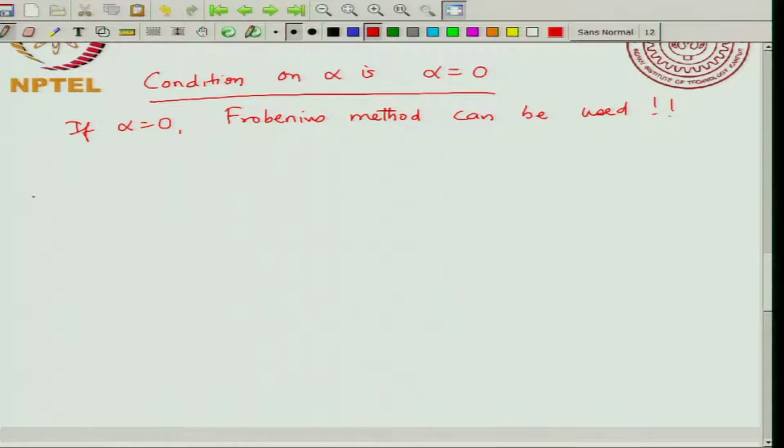Now, the second problem, and here we will focus on setting up the problem.